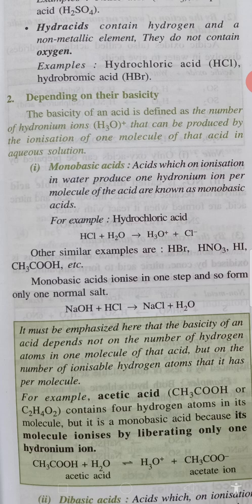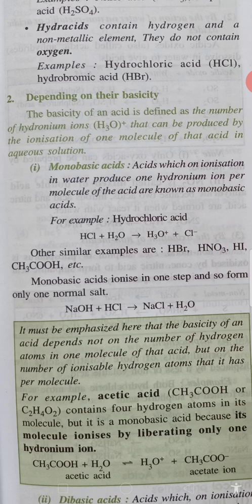Now children, these monobasic acids ionize in one step, and so when they react with bases, they give you only one normal salt, as given here, NaOH plus HCl gives you NaCl, a normal salt, and water.